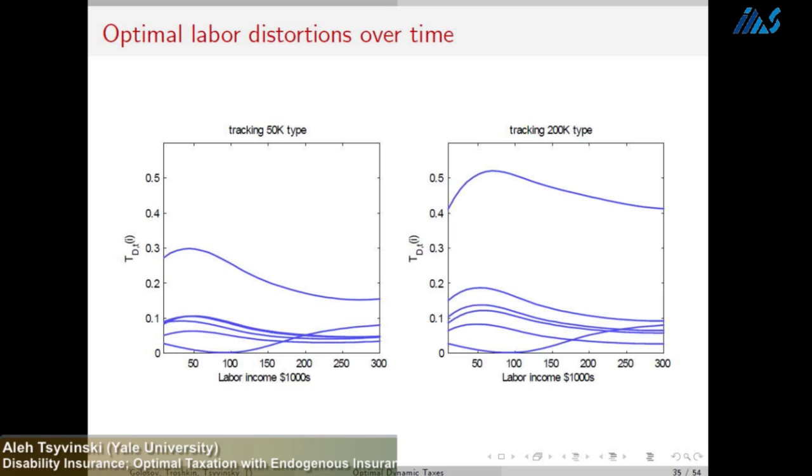Well, there is the second effect. The taxes which a person who makes $200,000 pays at each age, I draw every 5 periods, but there is for every age, become significantly higher. So why is that? Well, there are two effects here.